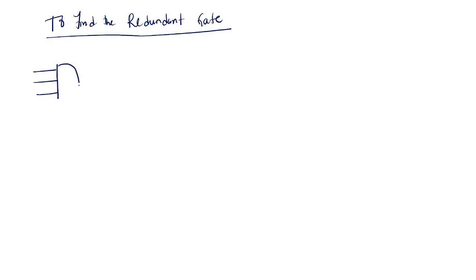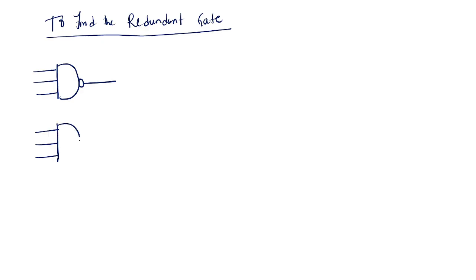Redundant gate is nothing but, you need to find out the expressions. If the variables are repeating, that becomes the redundant gate. With an example, you can understand very well.